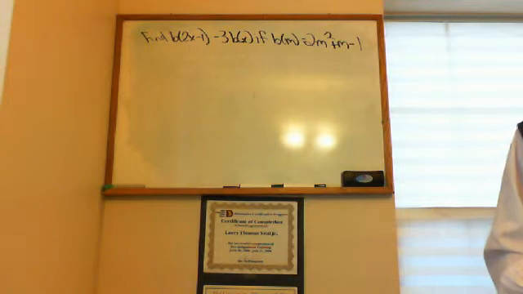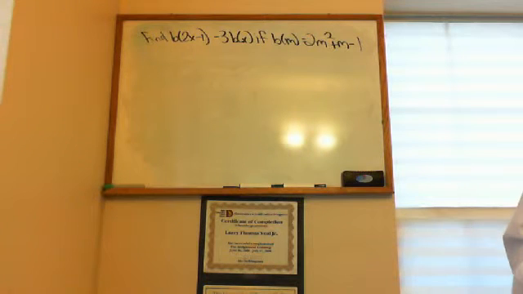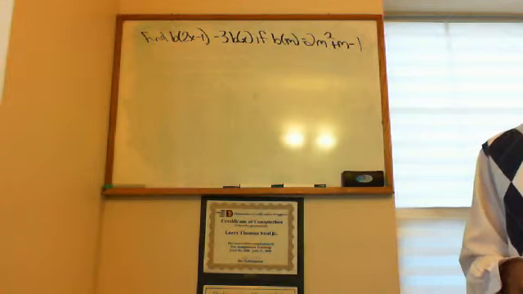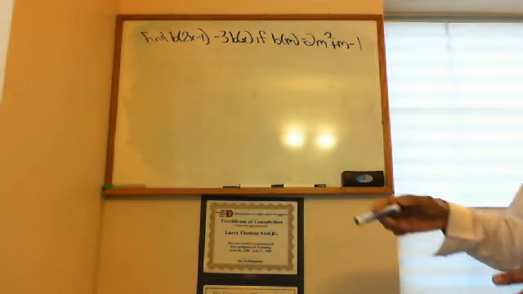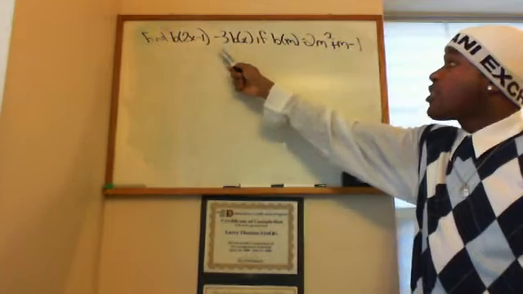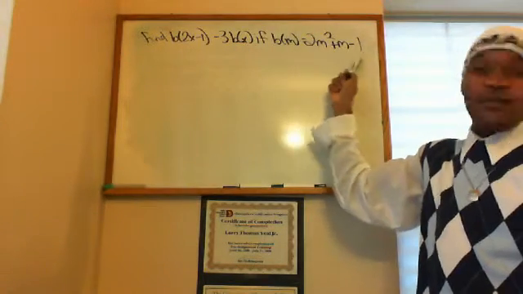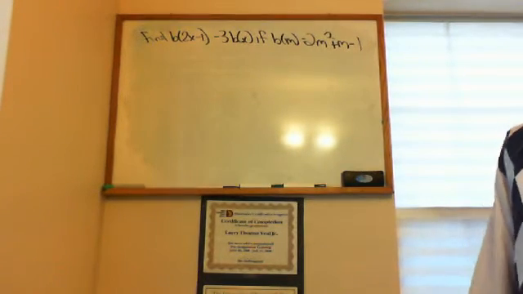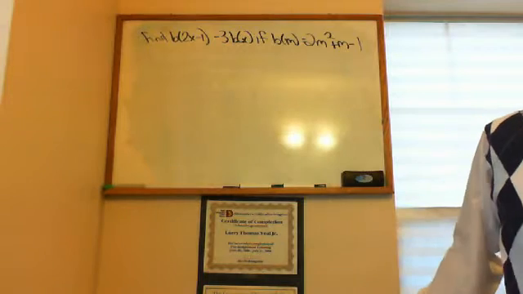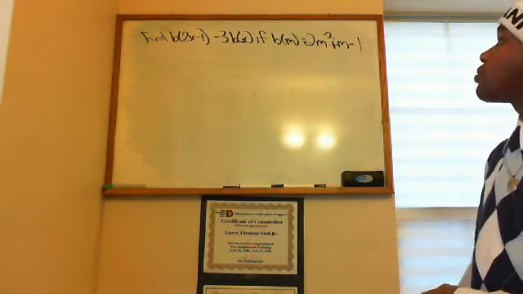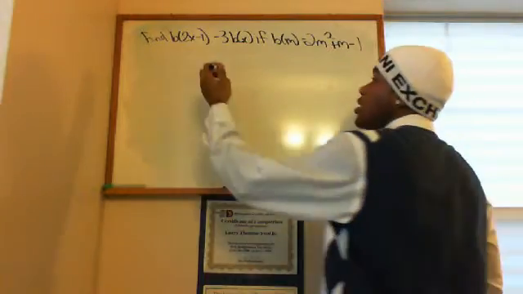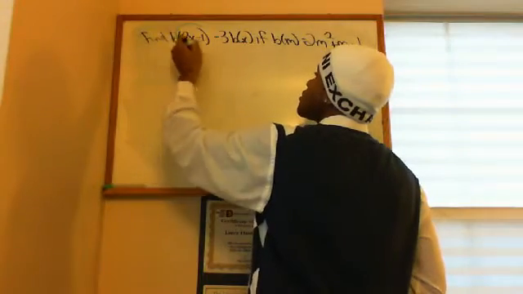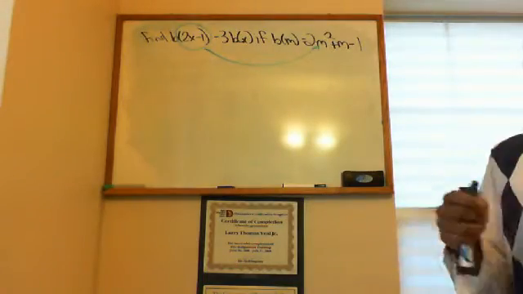So what do you think we do first? I want to find P of 2x minus 1 minus 3 times P of x if this is my function right here. The first thing I'm going to do is write my function down. Then I want to plug in 2x minus 1 everywhere I see m.